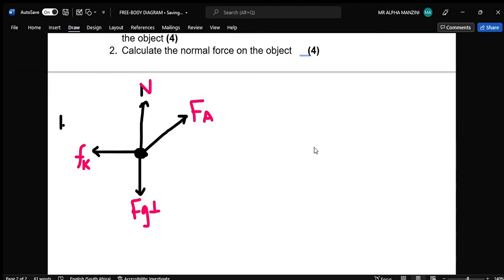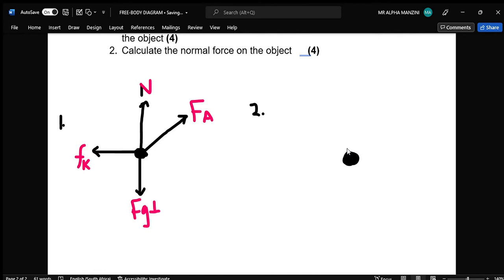So free body diagram number 2, I'm going to put here. This is very important. I'm going to make this dot a little bit bigger, because I'm going to show some more forces.